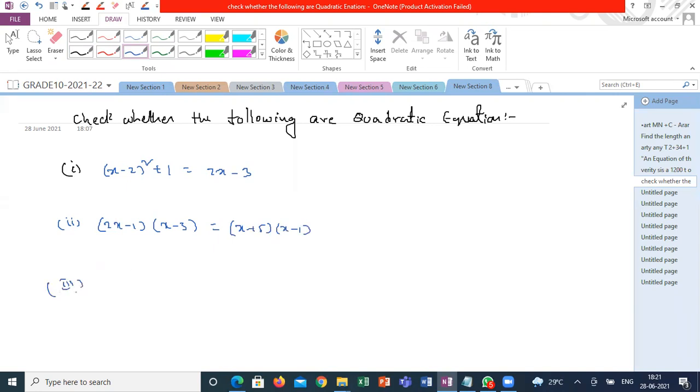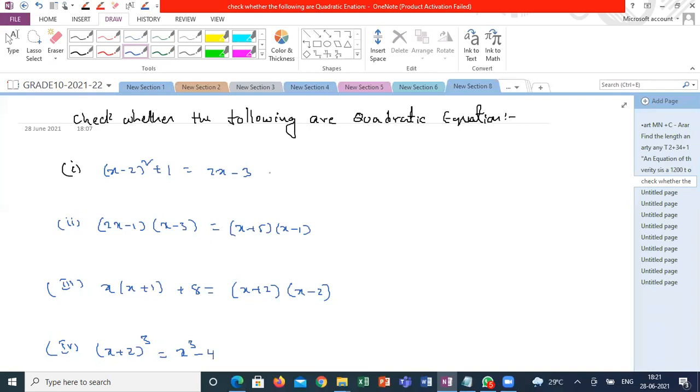Third one, x into x plus 1 plus 8 is equal to x plus 2 into x minus 2. Fourth one, x plus 2 whole cube is equal to x cube minus 4.